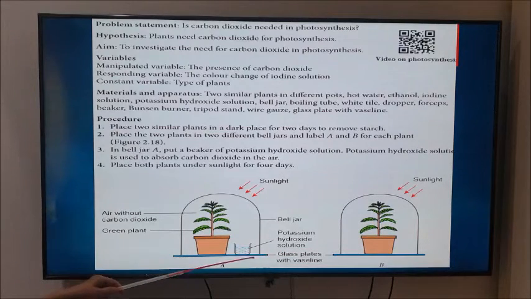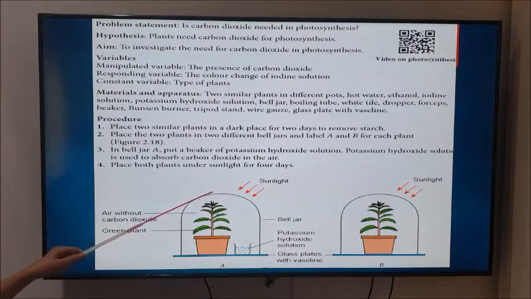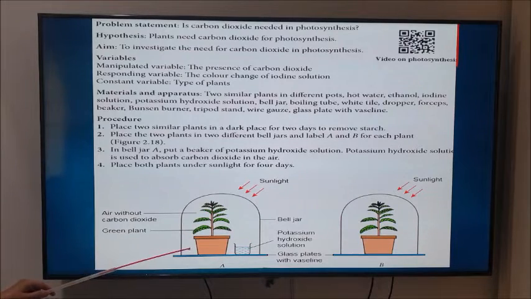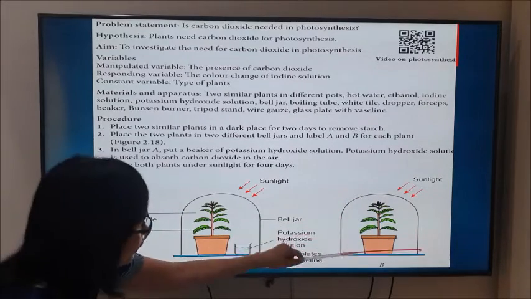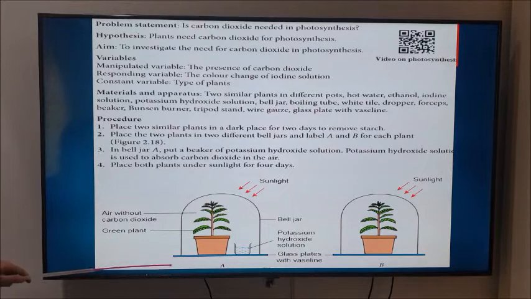Now, then we seal the bell jar with Vaseline, both sealed with Vaseline to prevent the gas from outside from entering. What is the function of the potassium hydroxide solution here? This potassium hydroxide solution is to absorb carbon dioxide.